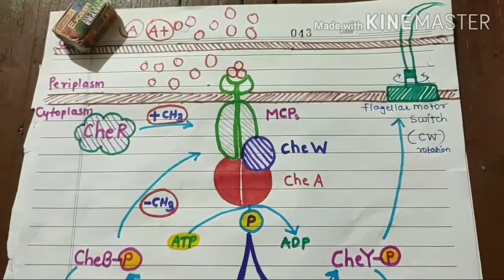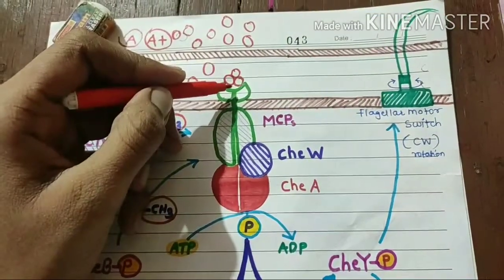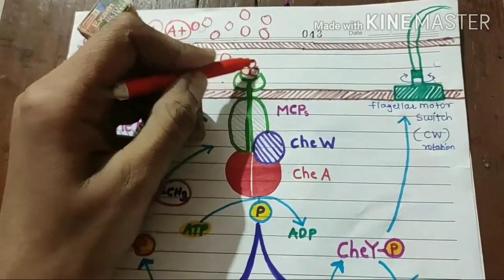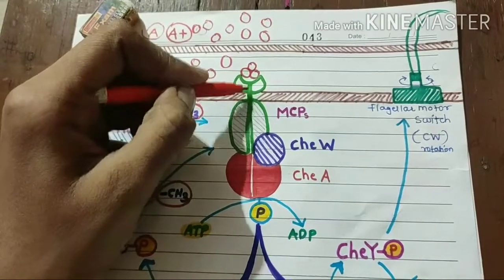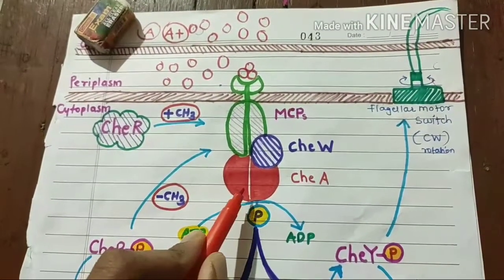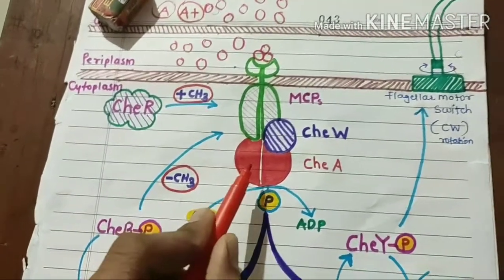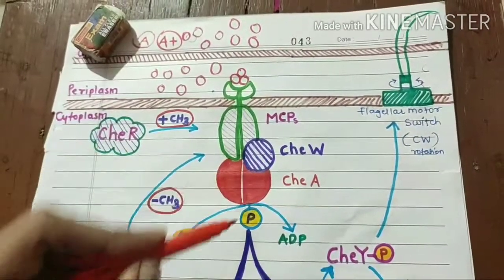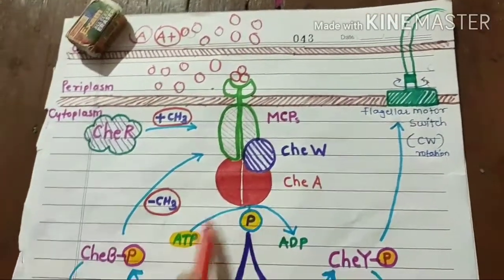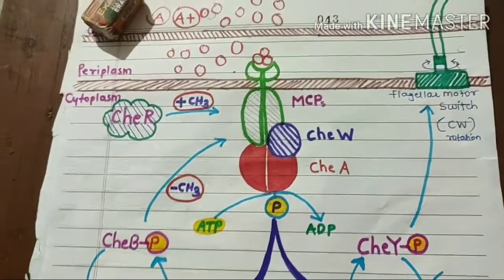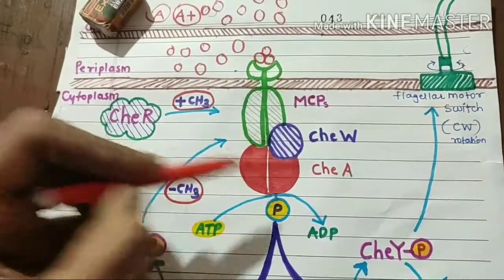So now what happens is that because of the binding of attractants to MCP, the CheA protein again becomes inactive, and there will be no autophosphorylation, and hence there will be no CheYP formation, so again it becomes inactive.